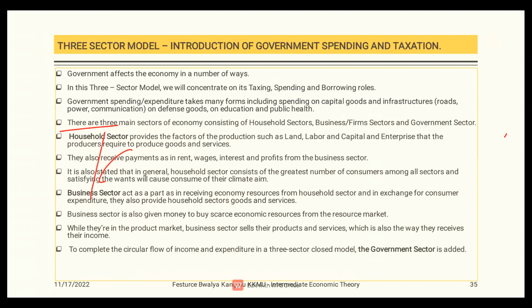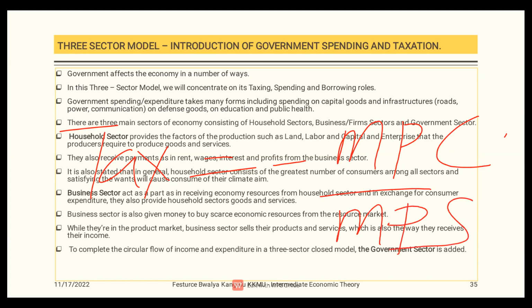Now, the tax multiplier will be equal to negative MPC over MPS. This is the formula for the tax multiplier, whereas the government multiplier or the investment multiplier is equal to 1 over MPS.